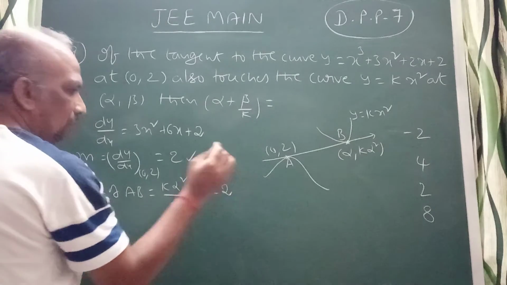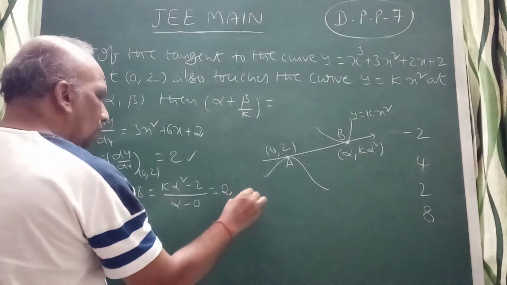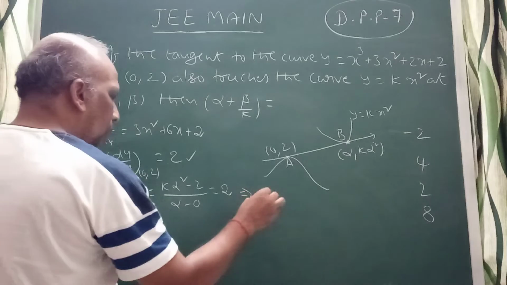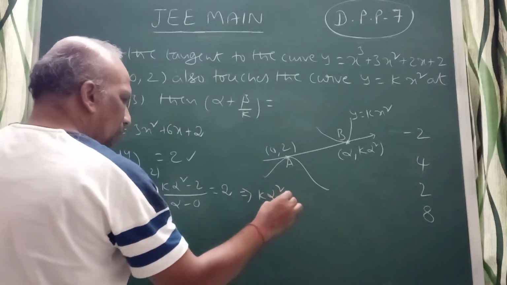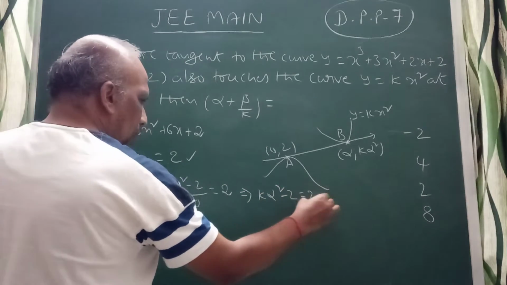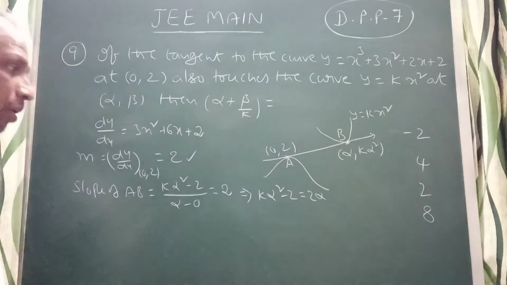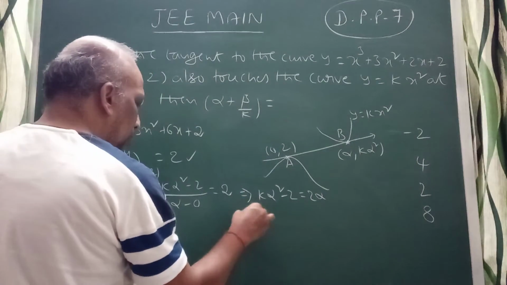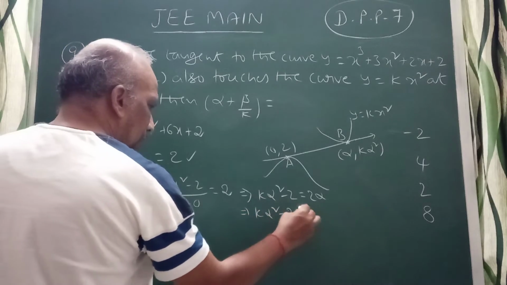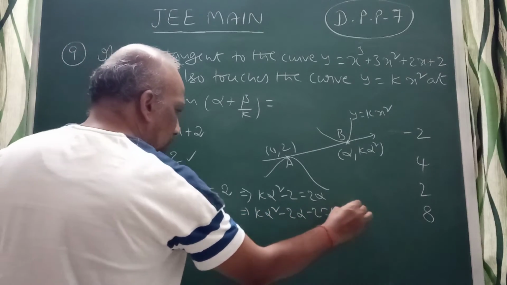From this I can write k alpha square minus 2 equal to 2 alpha. This is the equation I got: k alpha square minus 2 alpha minus 2 equal to 0.